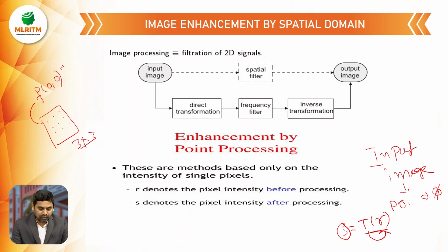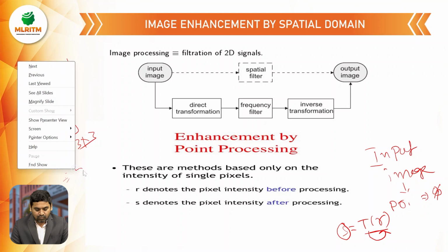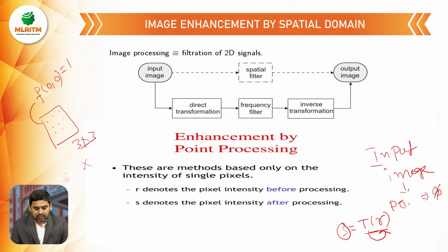The value before is 1. Then I want to process that pixel value by multiplying it by 5, so 5 into 1 at the f of 0, 0 coordinate.